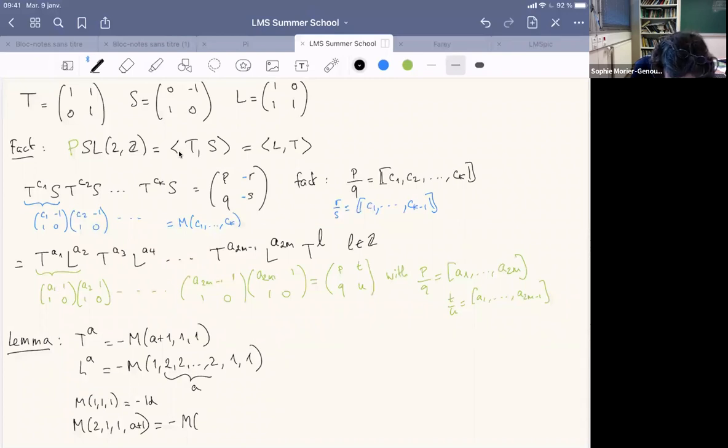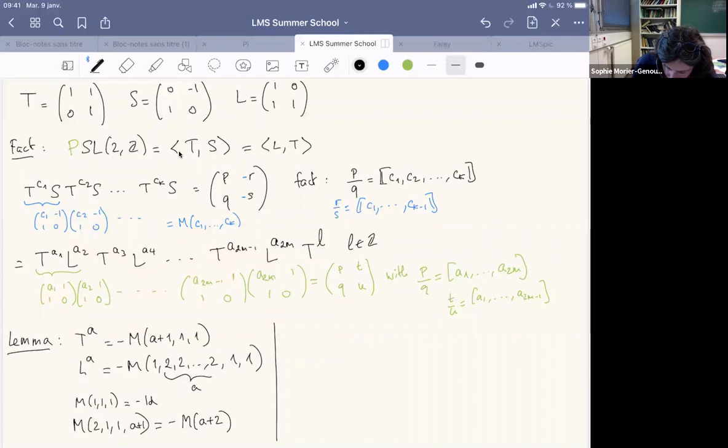And this is the same as negative M of A plus 2. Again, just checking: you take these 4 coefficients, compute a product of 4 matrices, and you get a matrix which is exactly the same as this one. So I won't go over the proof of the lemma.